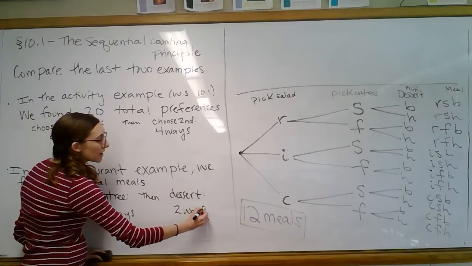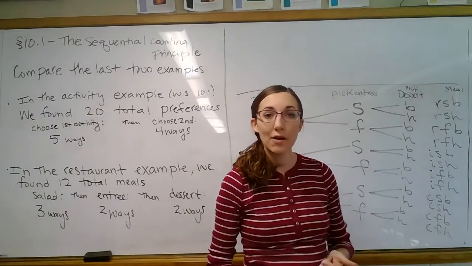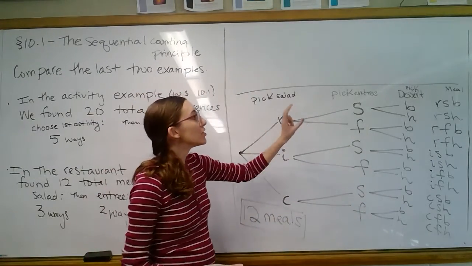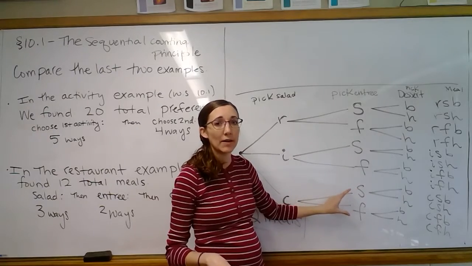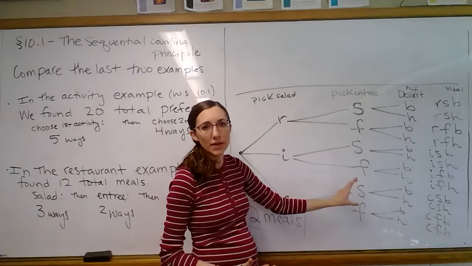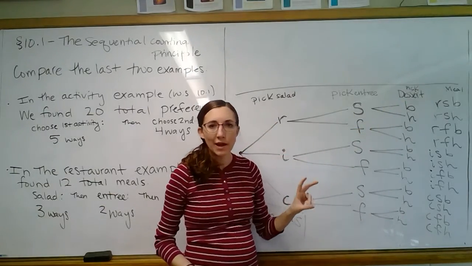Now, another good thing to kind of pay attention to with these, and we pointed it out on the worksheet, is that in the meal choices, what the 2 choices were stayed the same for every different section of the diagram, right? It was always steak or fish, and then always brownie, hot fudge, brownie, hot fudge, brownie, hot fudge.